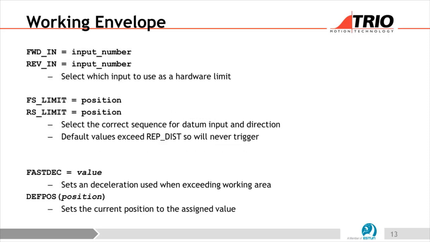To do this, you have the commands forward in and also reverse in, to select which input is used as a hardware limit in forward and reverse. You also have forward limit and reverse limit, but these are in position. So when you track an entire conveyor, for example a 2 meter conveyor, you can put in the position what your limit is, or you can do it through an input switch.